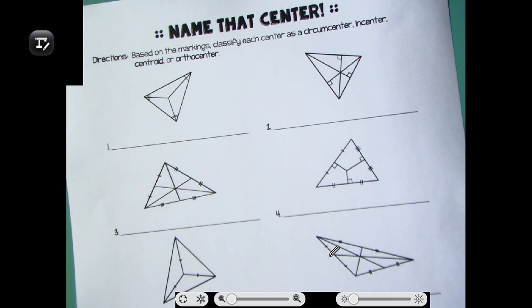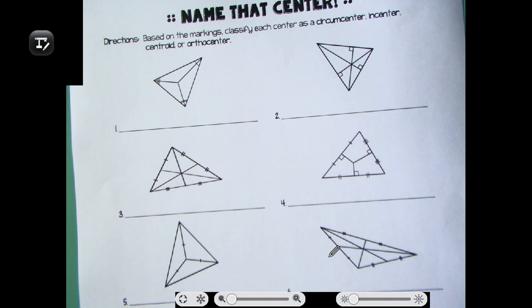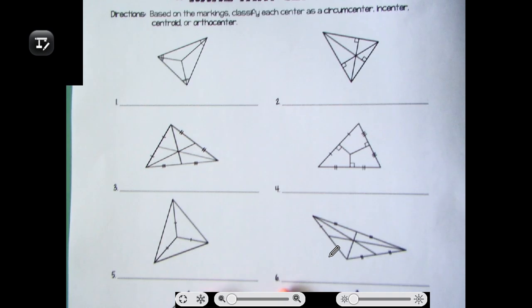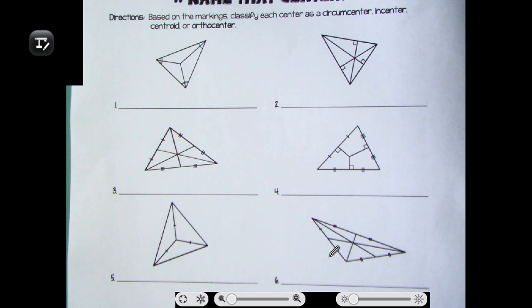I'm just going to go over these problems. Hopefully you have this out, and it's helpful to have your graphic organizer out as well, so you can look at those.